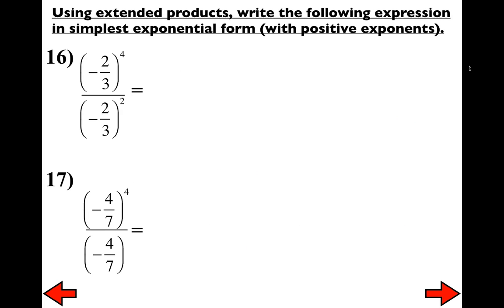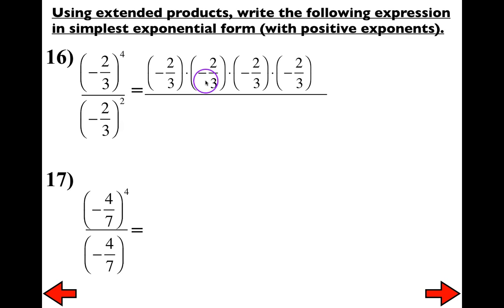Okay, so now this is the same idea, but what if your bases are fractions? It's the same idea. I'm going to go ahead and repeat -2/3 4 times. I'm going to repeat -2/3 2 times. I'm going to cross cancel. -2/3 divided by -2/3 is still just 1.